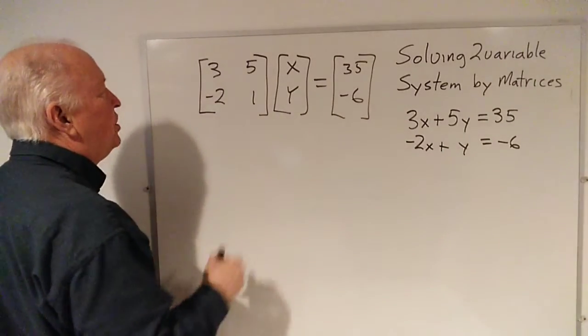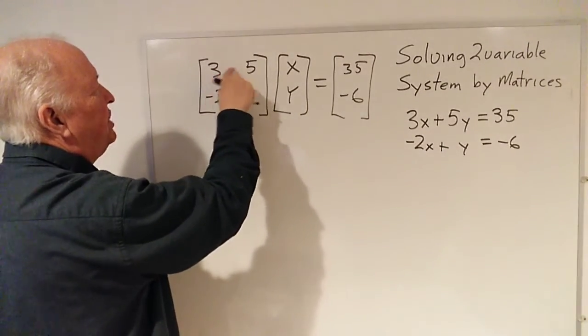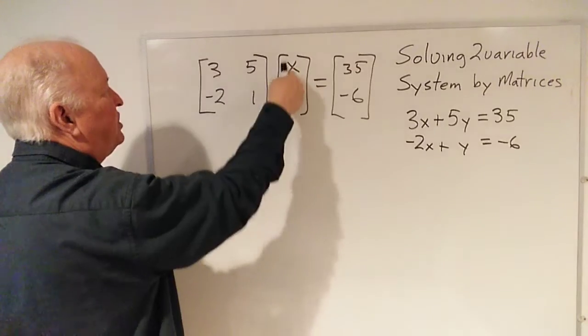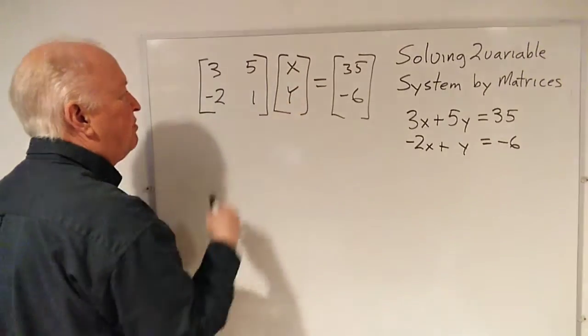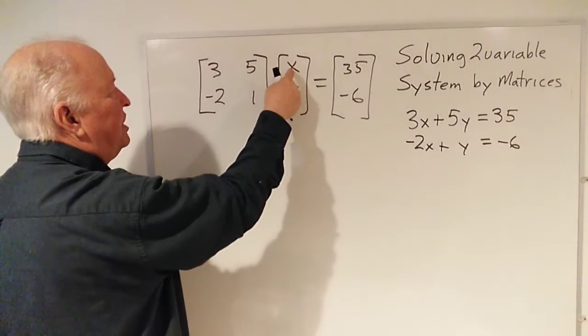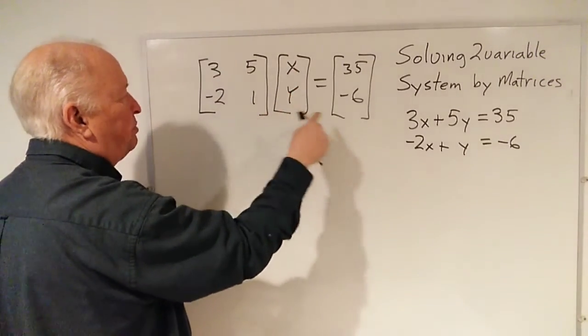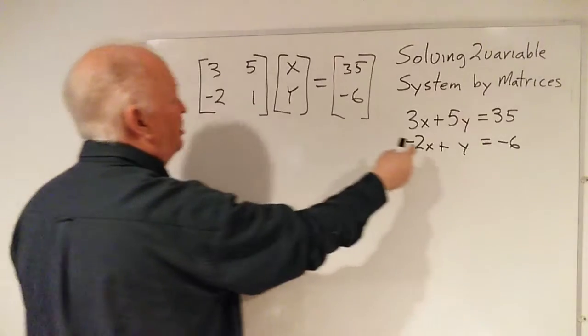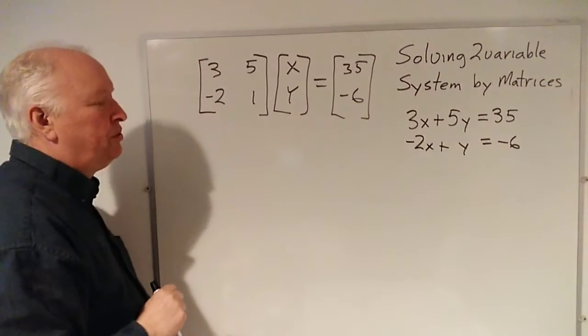And you'll note that if I multiply 3, 5 times x, y, I get 3x plus 5y. And if I do the second row, negative 2 and 1 times x, y, I get negative 2x plus y. So these two do multiply to give those two.